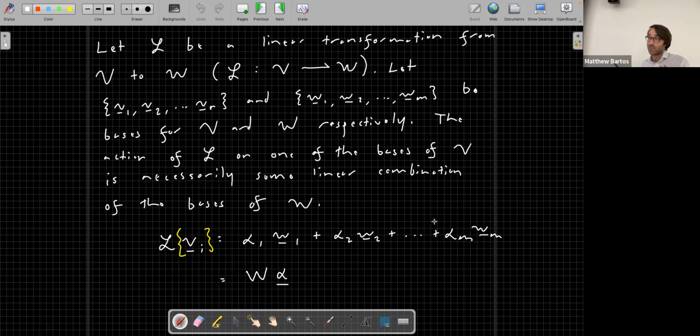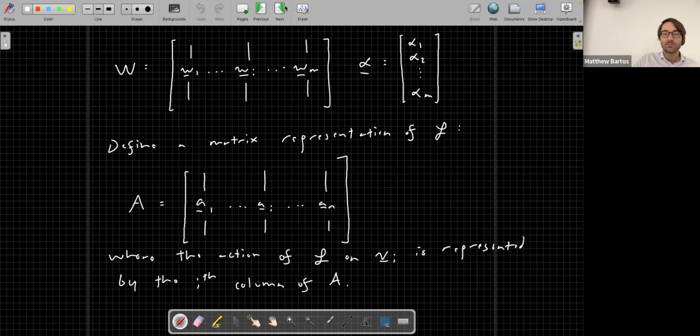So all I'm saying here is that we can take that set of alphas for Vi and stack them as one of the columns in a matrix. We can do that for each basis element of our domain. So all we're doing is finding those alphas for each one of Vi, and stacking them up into a matrix A.